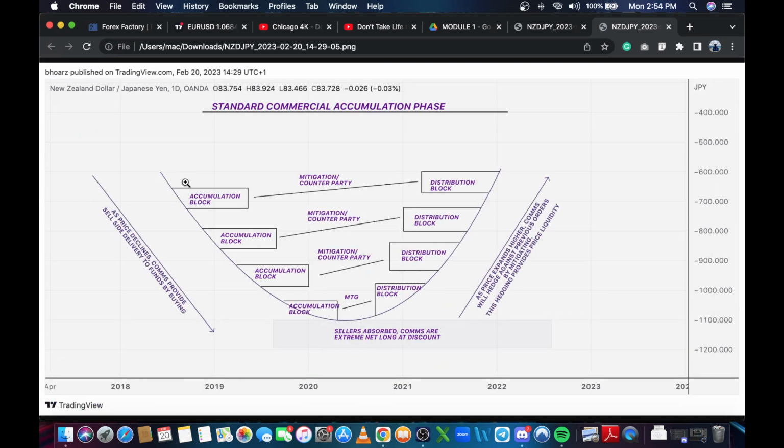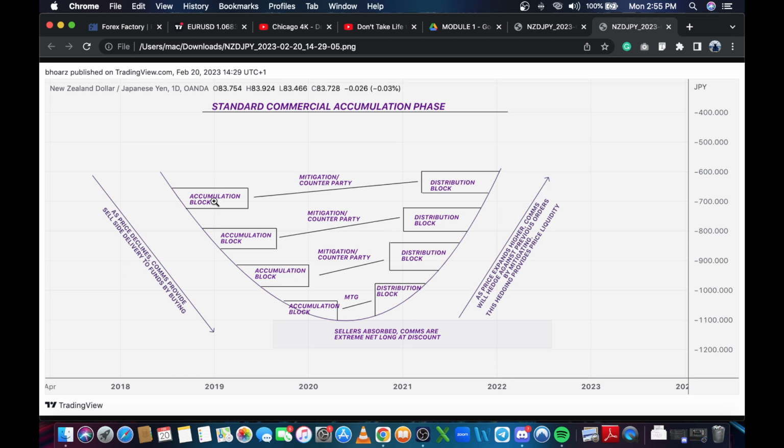When price is declining, the commercials will buy the market. Now remember, when we're talking about the large speculators, we're talking about the funds. So we're talking about the JP Morgan boys, the BlackRock guys, Vanguard, all these large investment firms and large banks, Barclays, Deutsche Bank.